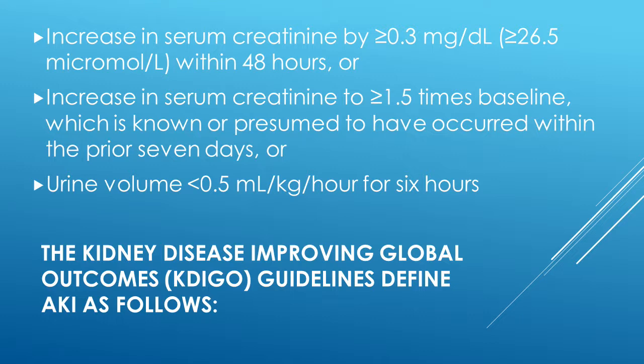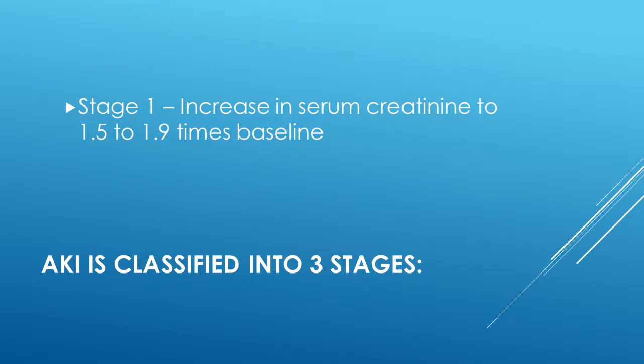And then it gets classified into 3 stages. Stage 1 is where the creatinine went up 1.5 to 1.9 times baseline. So in this case, if his baseline was 0.8, and it went up to 1.6, because 0.8 times 2 would be 1.6.